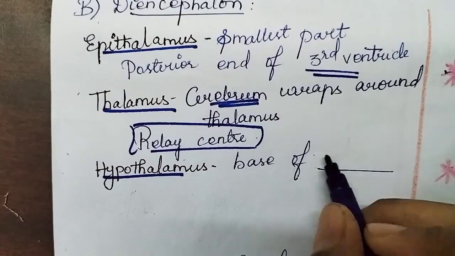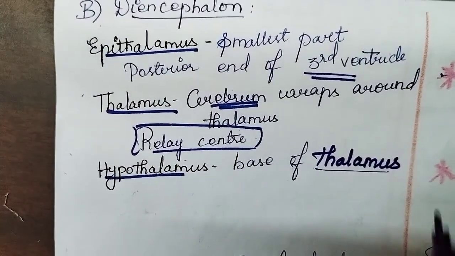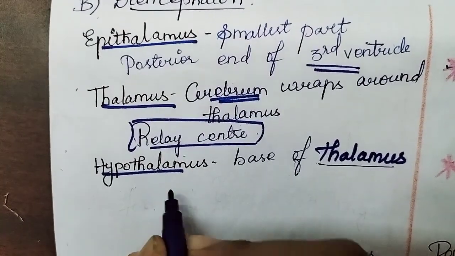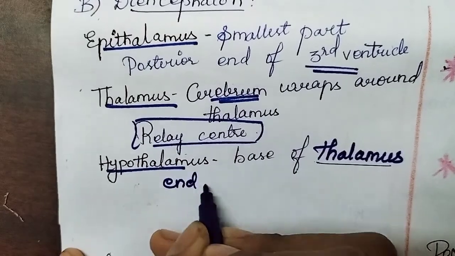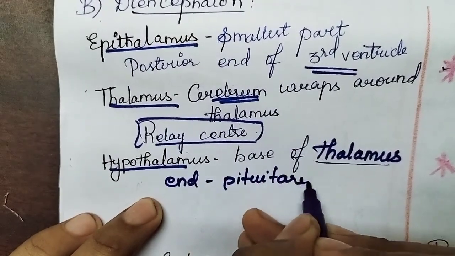Hypothalamus: they lie at the base of the thalamus, and they end with the pituitary gland.